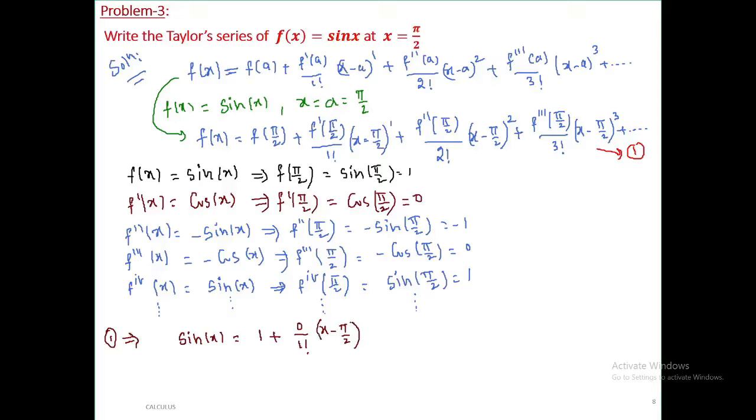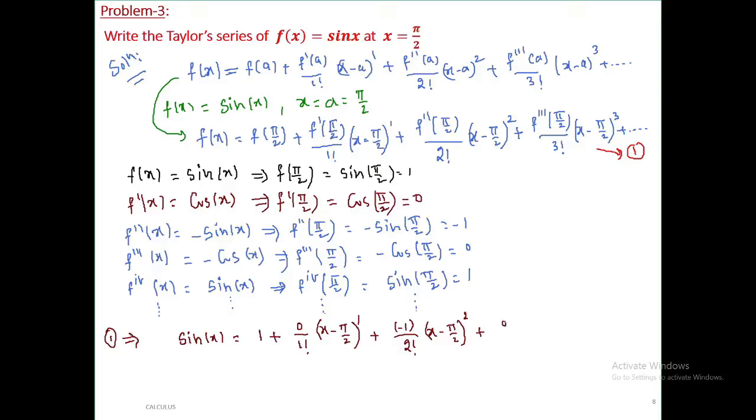Power 1. Next, the second term: f double dash at pi by 2. What is f double dash at pi by 2? Which is minus 1. So minus 1 by 2 factorial into x minus pi by 2 whole power 2, plus triple dash. What is triple dash? Triple dash is 0.